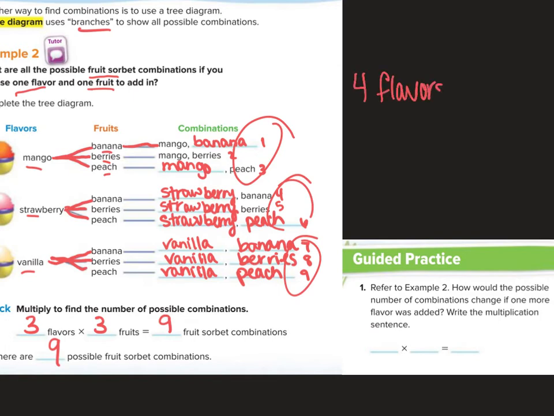Well, that would just give us one more group of 3, right? So we could do 4 flavors times 3 fruit, and that would equal, add 3 to our 9, 4 times 3 is 12. I guess we could have written it down here. 4 times 3 is 12. So now there are 12 different fruit sorbet combinations.